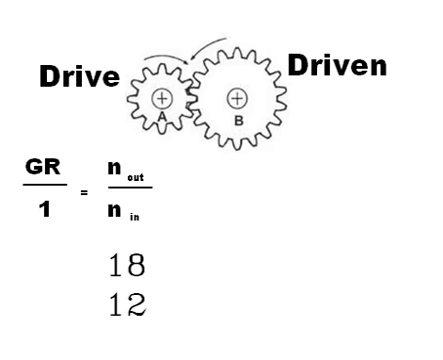So this becomes a fraction. 18 divided by 12 is 1.5. So you can take 1.5 and put it over 1.